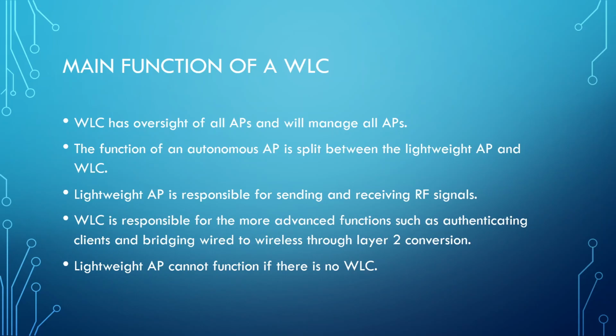It's like, okay, I've received this data of a wireless signal. I don't know what to do with it since I'm only supposed to send and receive RF signals. Now that I've received this data, I'm going to send it over to my wireless LAN controller because he is the brain of the whole operation. He will know what to do with it. So then the lightweight access point will forward this data over to the wireless LAN controller.